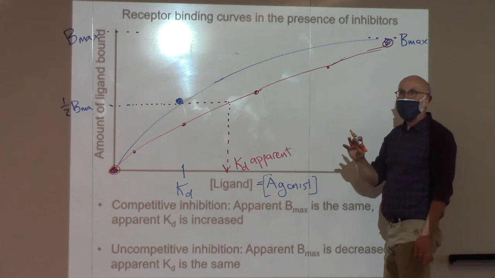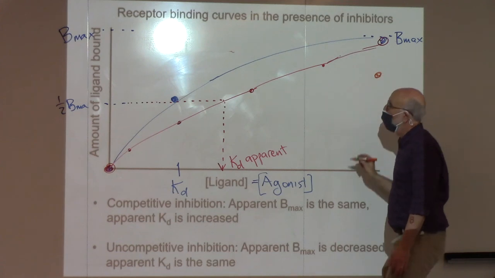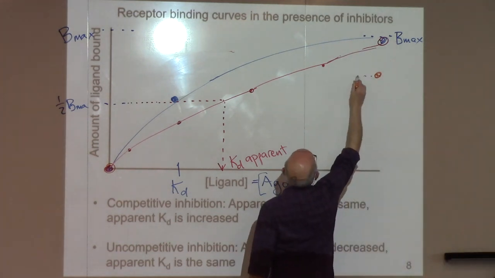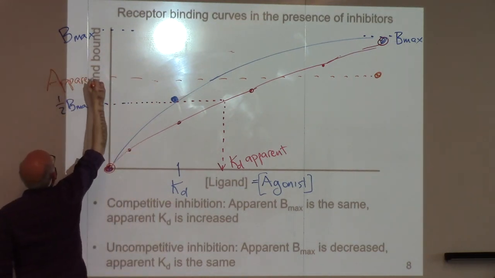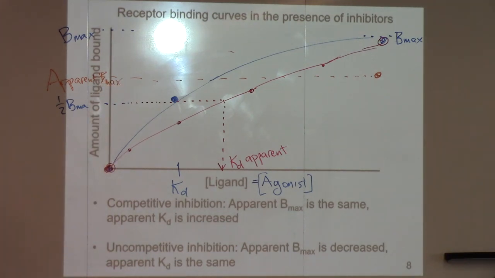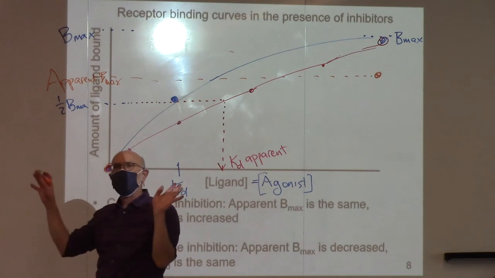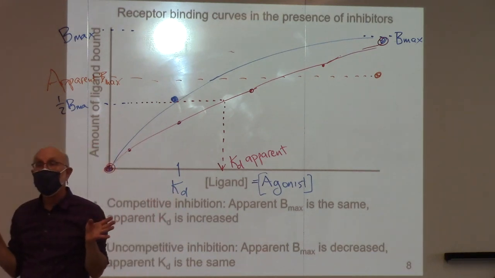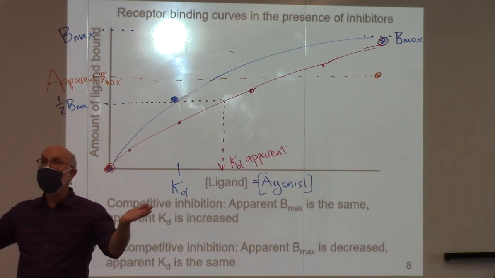If we have a moderate concentration of inhibitor, we have a lower apparent Vmax. We have the same origin, a lower apparent Vmax, because some of the time the receptor is out of commission. What's the same? The Kd, because when the receptor is in commission, it's the same old receptor.